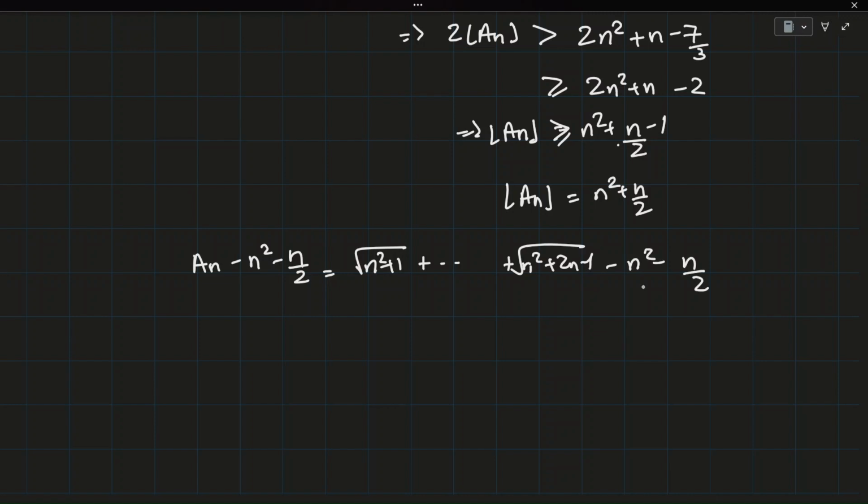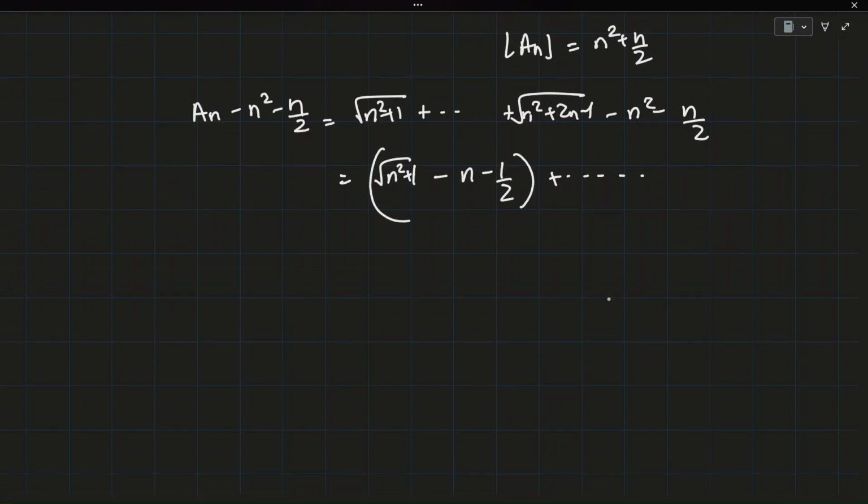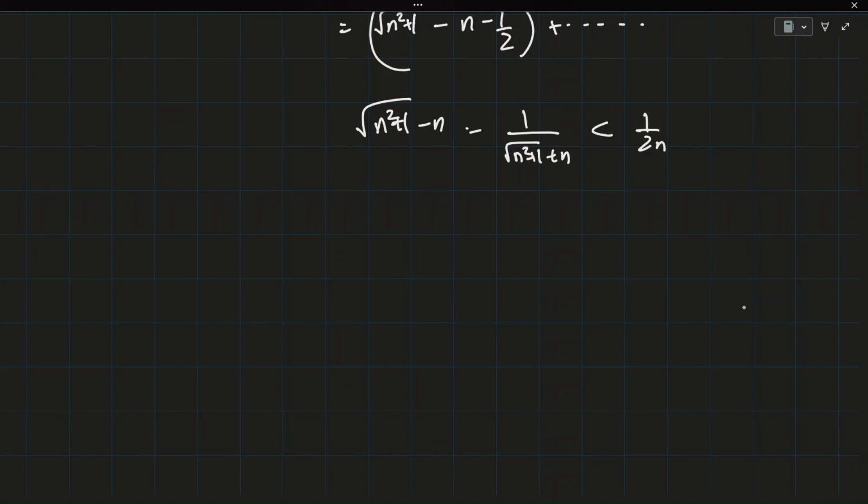We try to uniformly distribute our remainder, and consider numbers of this form. We notice some inequalities: square root of n square plus 1 minus n is basically 1 upon square root of n square plus 1 plus n, and this is less than 1 upon 2n. Using a chain of similar inequalities, we get 3 upon 2n, till we go to 2n minus 1 upon 2n.